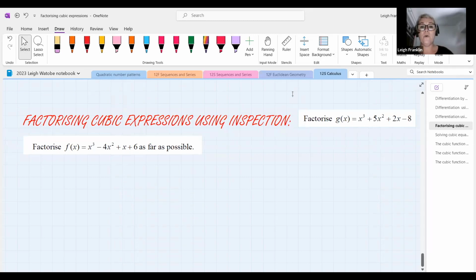I'm going to spend the whole of the next lesson discussing the factorization of cubic expressions, all right? What I'd like to just get into now is where do cubic expressions come from? A cubic expression is created when you multiply a linear polynomial with a trinomial.